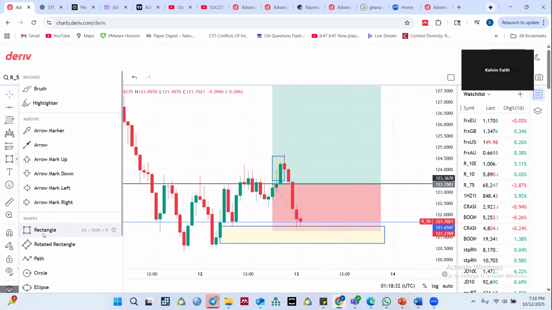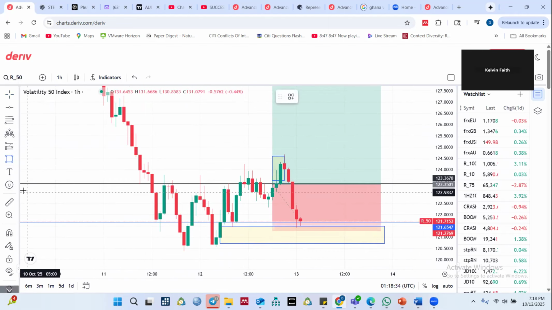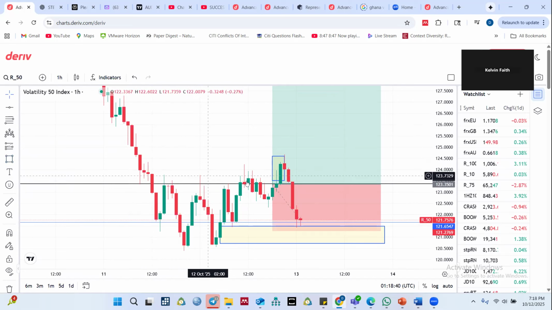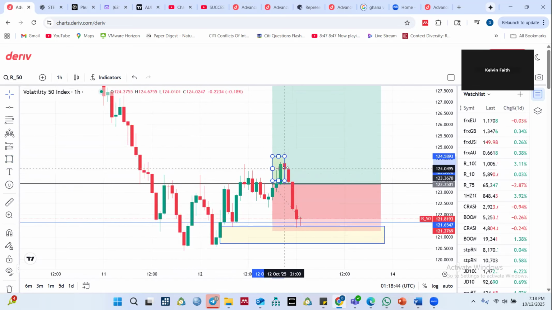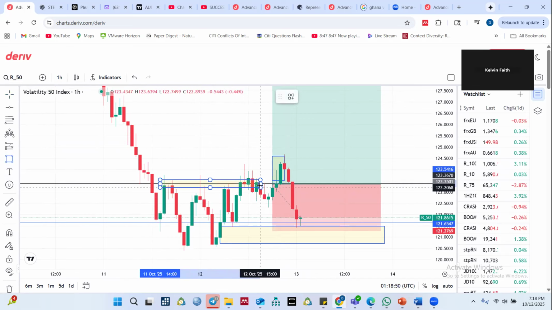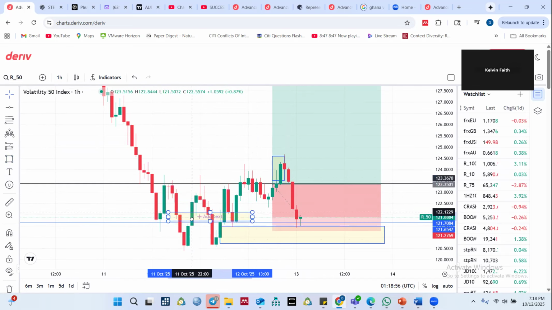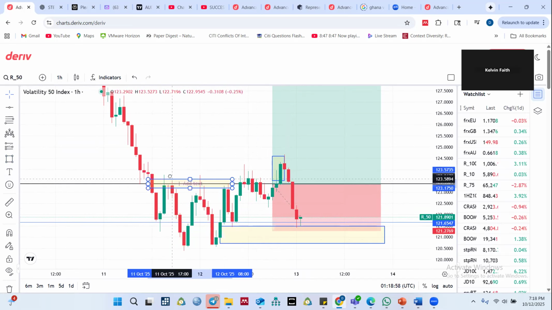So the first thing is price has given us the indication, and the indication is a big body or momentum close above the resistance. As you can see, there are sellers here who are constantly pushing the price down, from here, down here to down here.